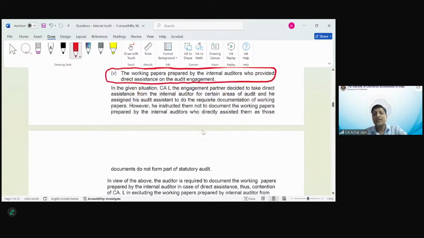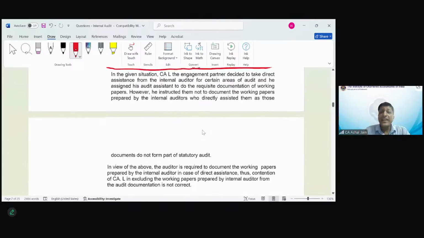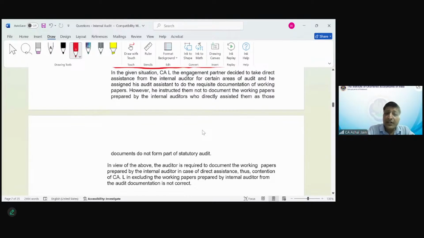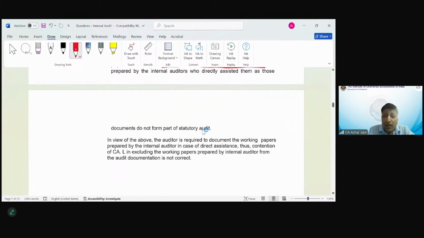So therefore, in the given situation, when the engagement partner instructed his assistant not to document the working papers, this aspect is completely incorrect.